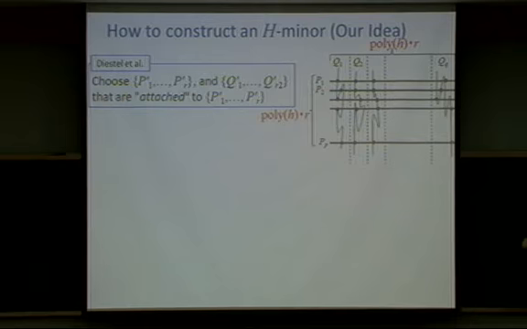Okay. And in their proof, the important point is that every vertical path is attached to the common R horizontal paths. Okay. So this is the reason why we need exponentially many horizontal paths.